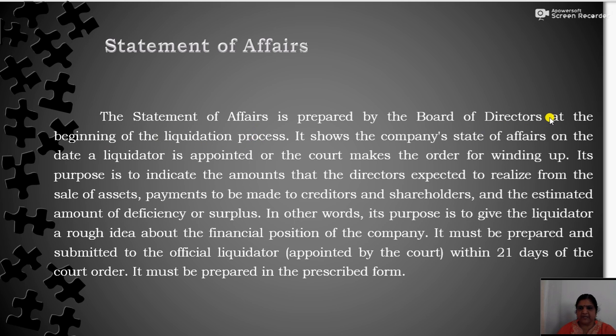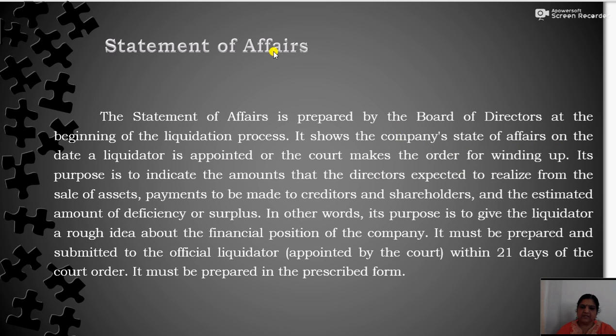It shows the company's state of affairs on the date on which the liquidator is appointed or the court makes the order for winding up.